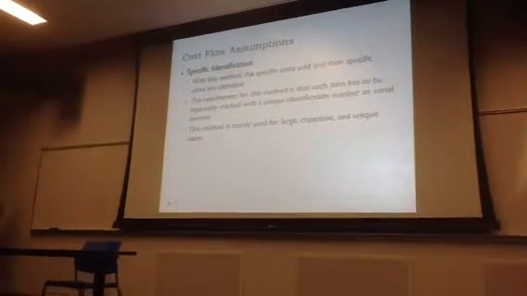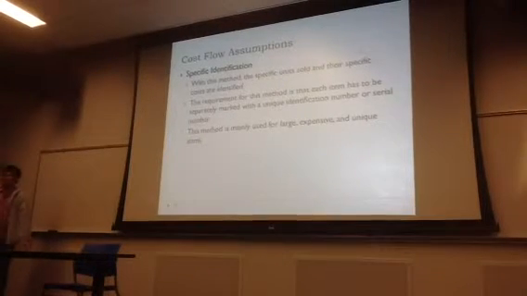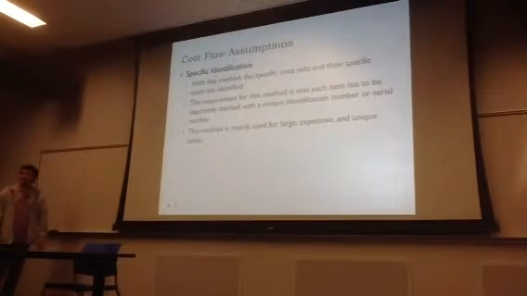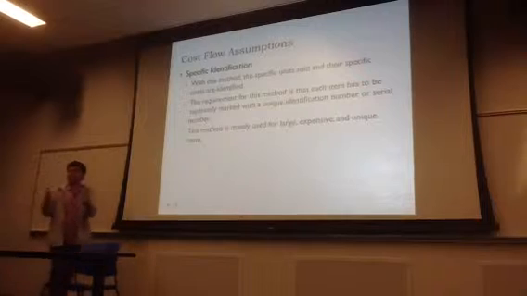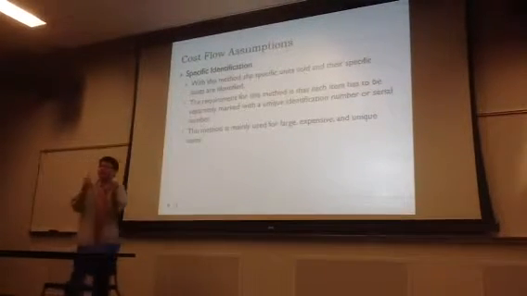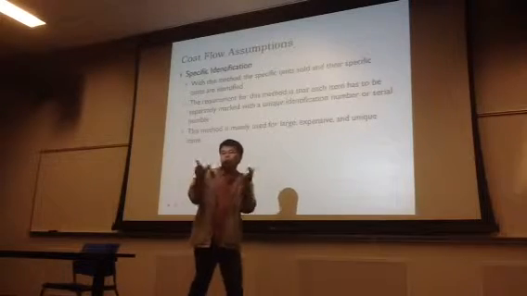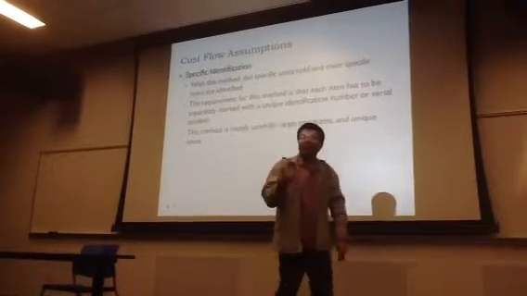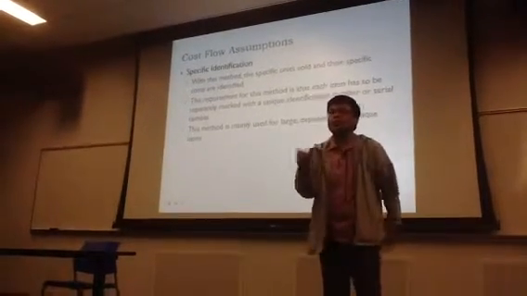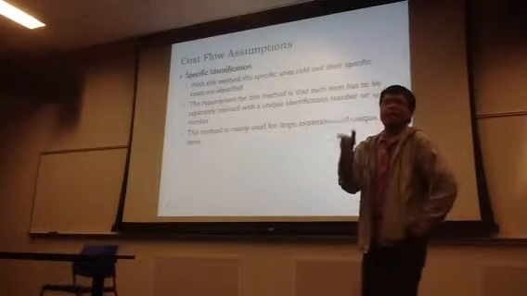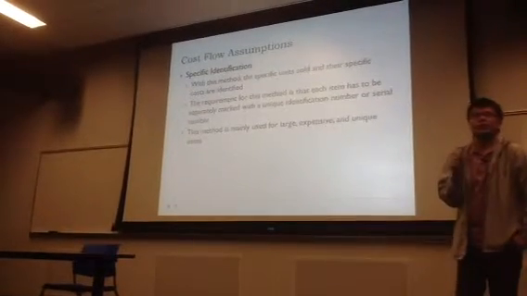The first one is the easiest, specific identification. What that means is the product or the inventory that you have has a specific serial number or identification number or a barcode, anything like that. So when you look at that number, you know when you purchased that and how much it cost you.